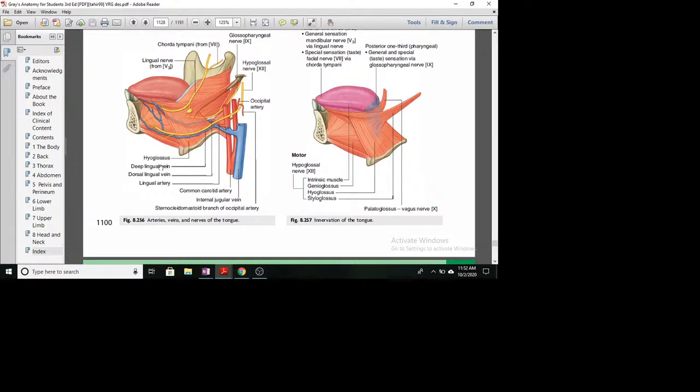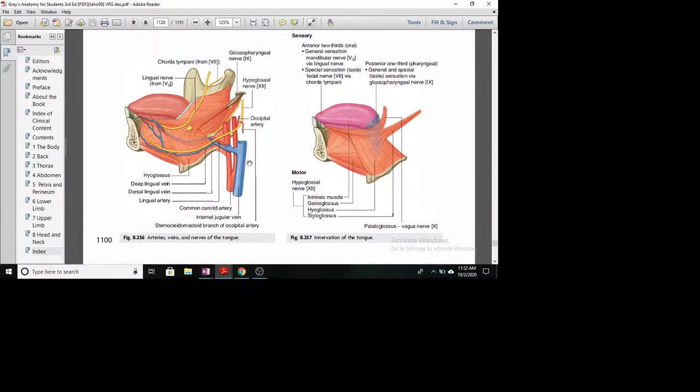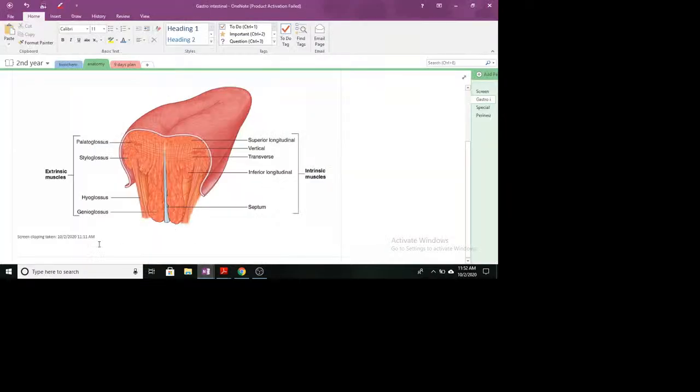So where is the venous supply? Let's see the arterial supply of the tongue, the blood supply of the tongue.